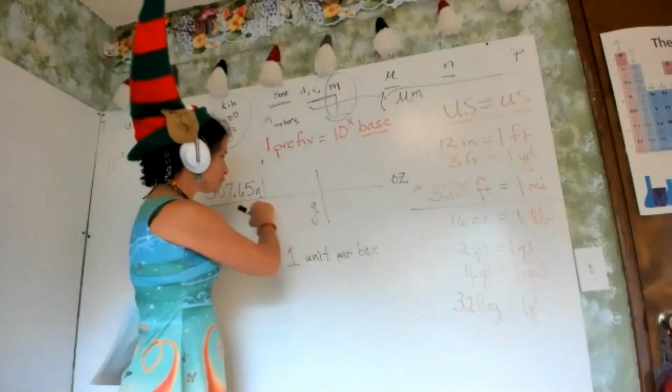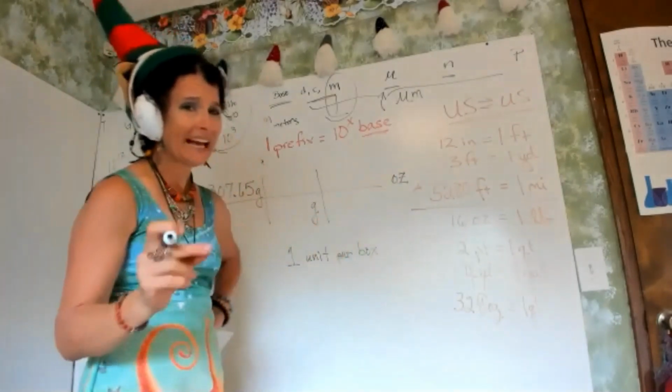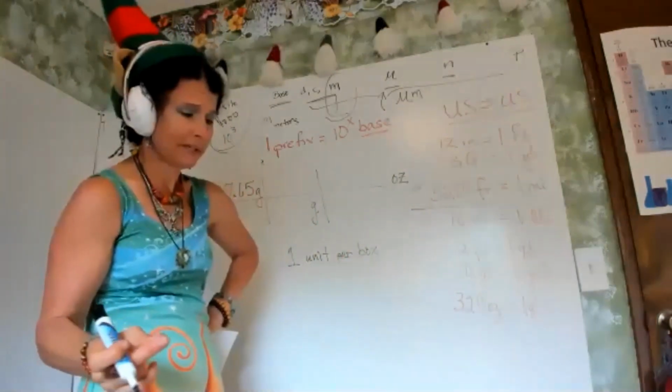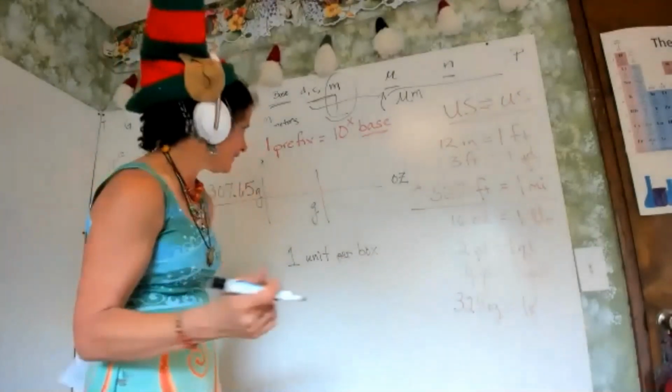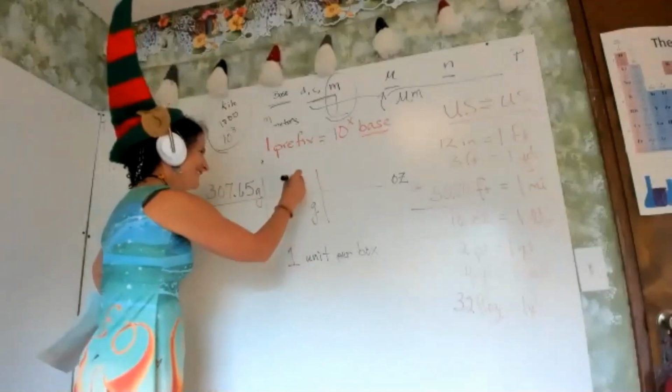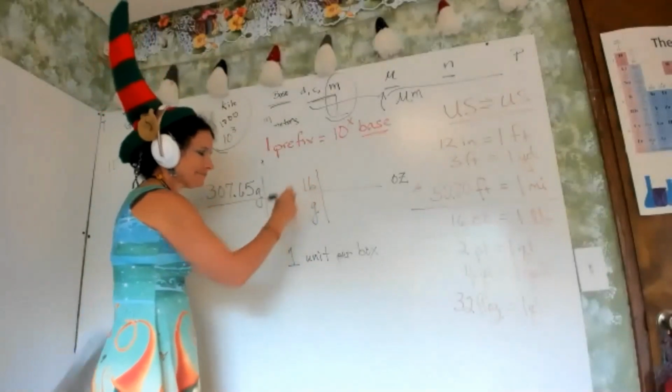And I'm trying to change from metric to the US units. They're not actually called US units, they're called imperial units, because that's what the empire used, right? So I'm going to change grams to pounds.